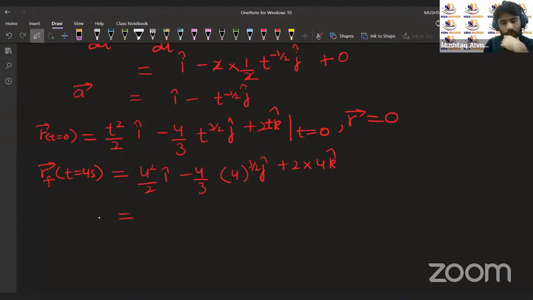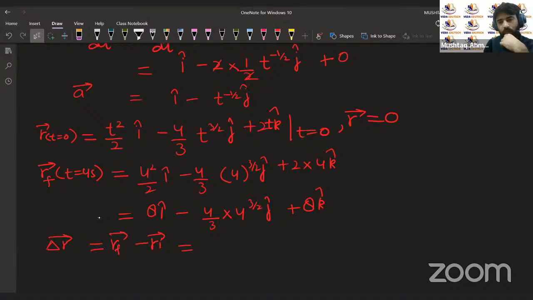So it will be 16 over 2, that's 8 i cap, minus 4 over 3 into 4 to the power 3 by 2 j cap, plus 8 k cap, right? So our displacement vector, delta r vector, is equal to final position vector minus initial position vector, right?